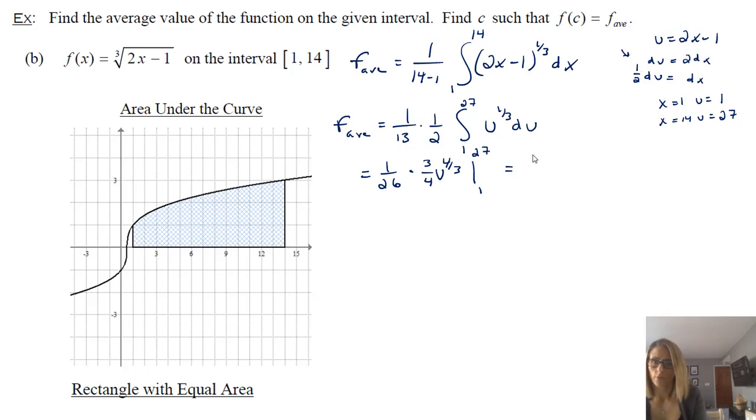So it looks like we'll have 3 over 104, and then we are evaluating u to the 4/3 at 27, which u to the 1/3 will be 27 to the 1/3, which is 3. 3 to the 4th is 81. And then we put in 1 to u to the 4/3.